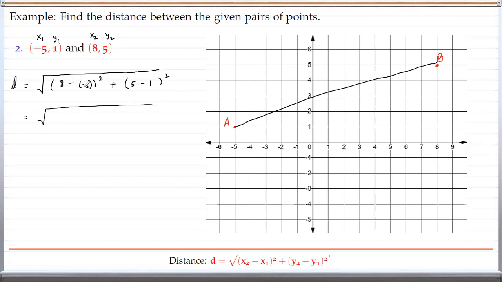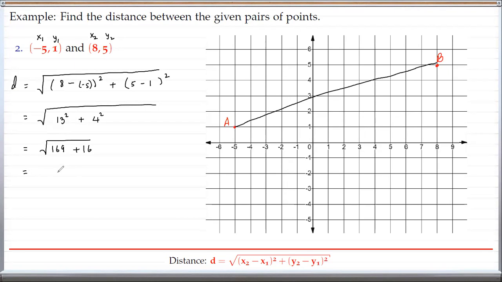So 8 minus -5 is like 8 plus 5, which becomes 13. We still have that square, plus 5 minus 1 is 4. We have 4 squared here. So let's quickly try to simplify this. 13 squared is 169, plus 4 squared is 16.